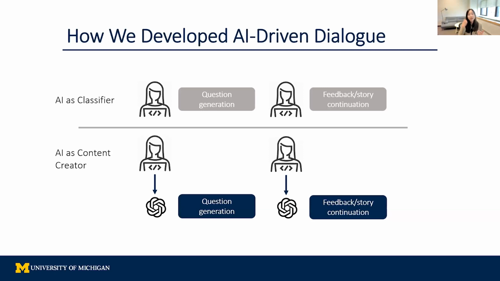However, with the integration of generative AI, the task of content creation shifted to the AI. As researchers, our role in this context becomes prompt engineering. Rather than constructing an entire dialogue tree, we instead write a plain language prompt that tells the AI how to co-create an educational story with a child.